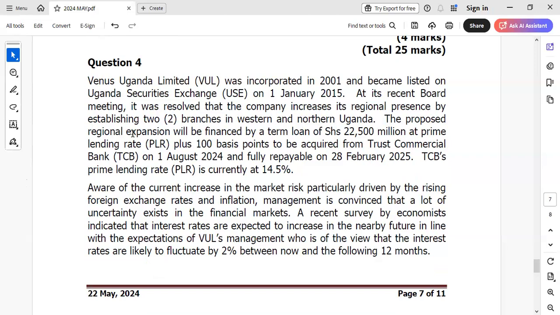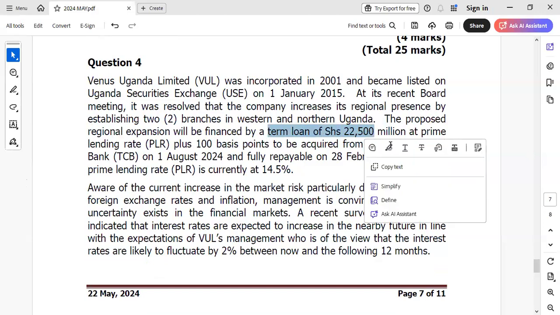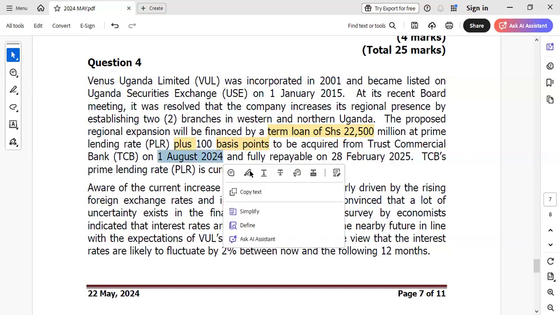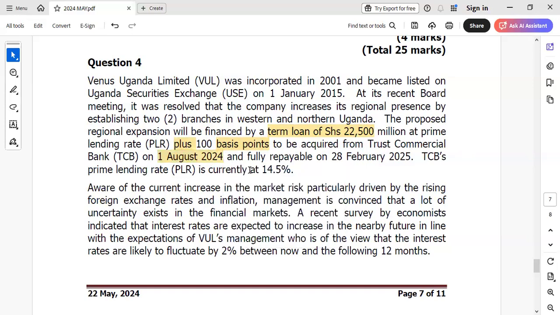The proposed regional expansion will be financed by a term loan of 22,500 million at a prime lending rate plus 100 basis points, to be acquired from Trust Commercial Bank on 1st August 2024.